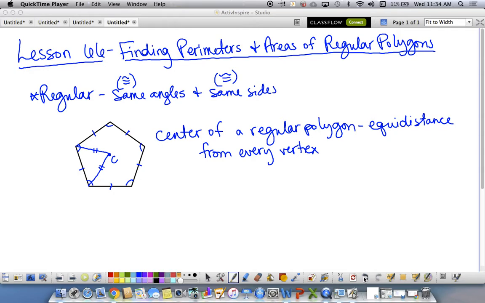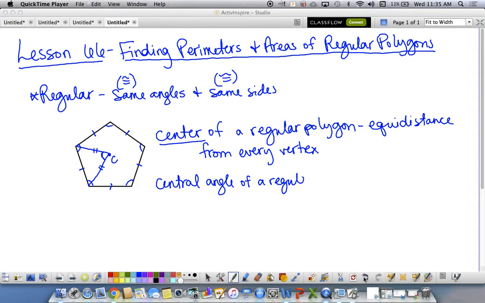Okay, this creates in the center what we call a central angle. You might recognize that from circles. So we kind of are relating this a little bit to circles, like this is a radius. So we're talking about the center and the central angle of a regular polygon.